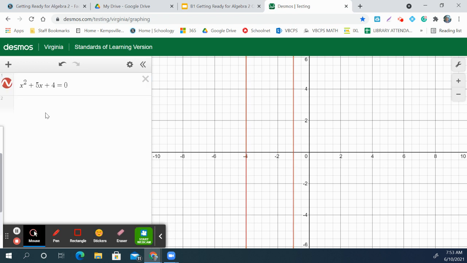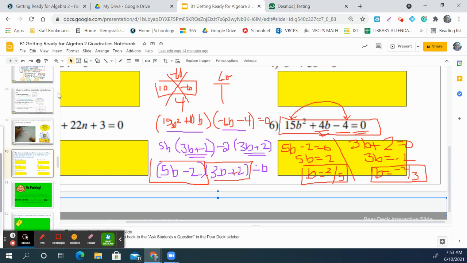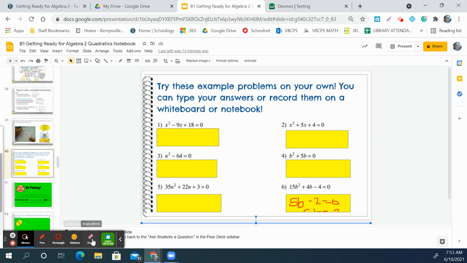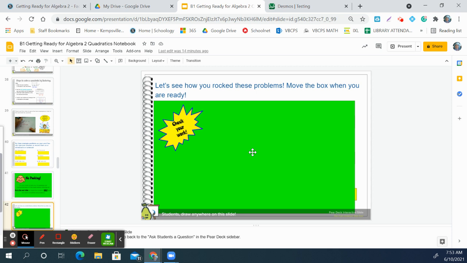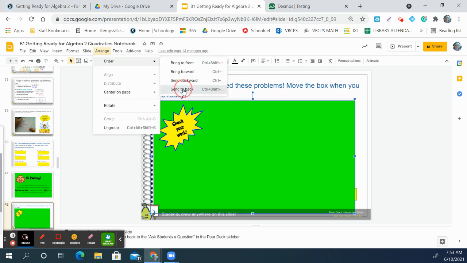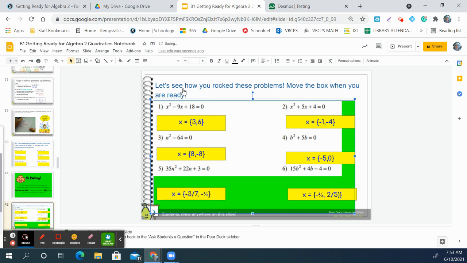So let's go back and look at the first one. Remember, all of these are self-checking, so you can go back and look at them. So if you need the answers, go to page 42, send that green thing to the back, and your answers are here.